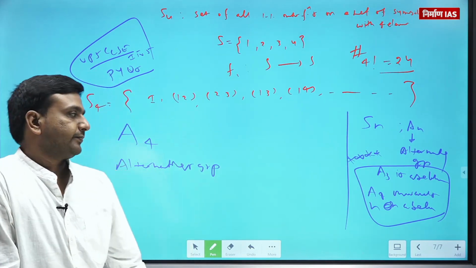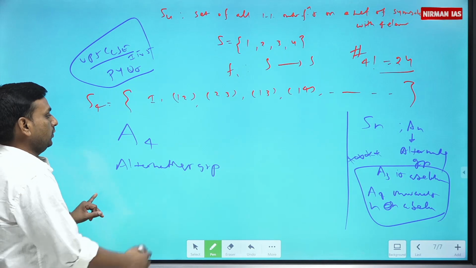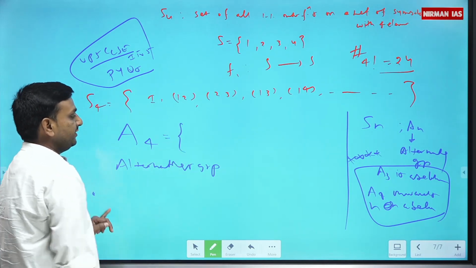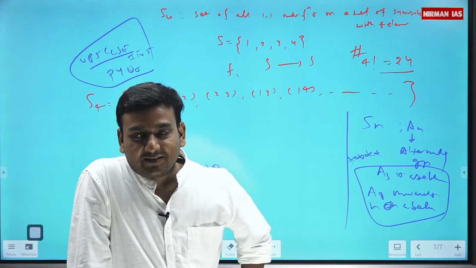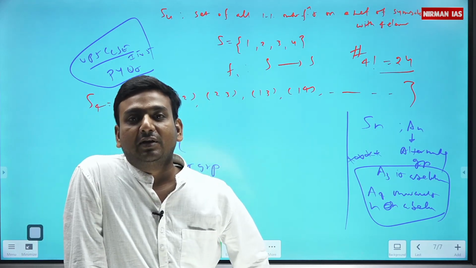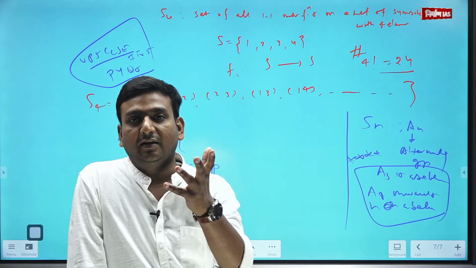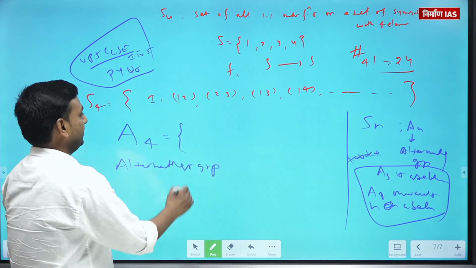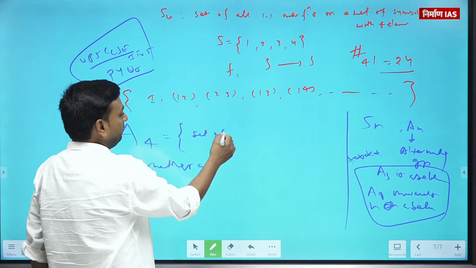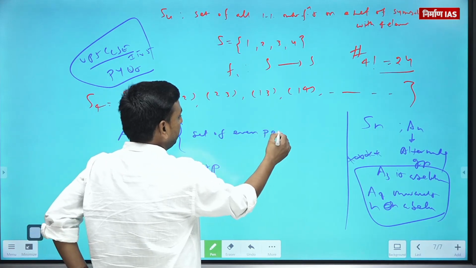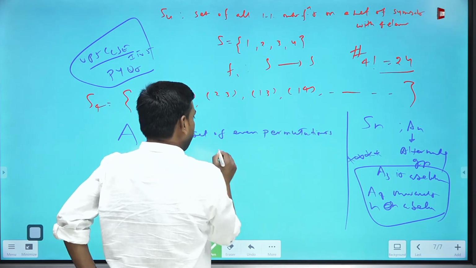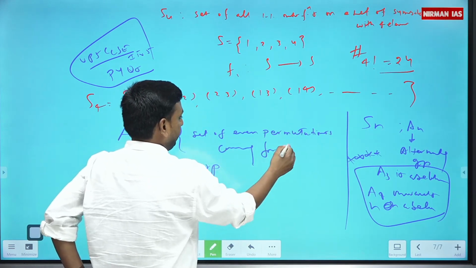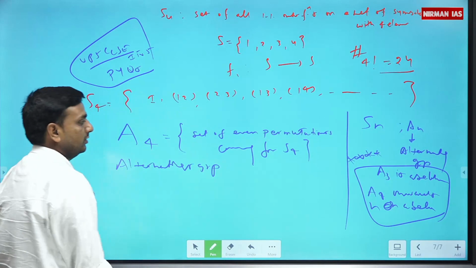Okay, so you have to write elements of A4. What I suggested, you need to have definitions on your hand. A4 is what? Set of even permutations coming from S4.